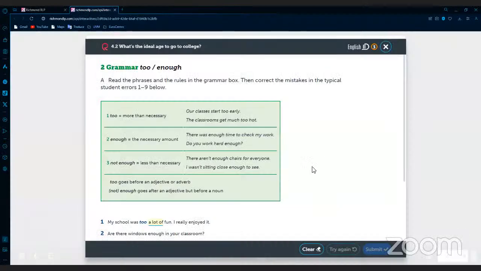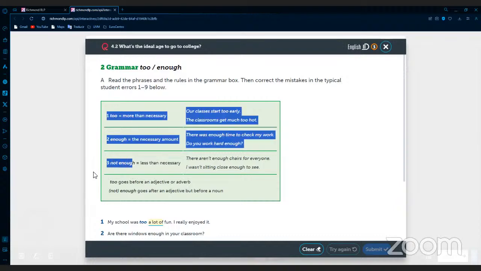Can you see my screen? Yes. Awesome. So, keep this in mind. Too, more than necessary. Enough, the necessary amount. Not enough, less than necessary. Necesitamos más. Necesitamos más de lo que estemos hablando.